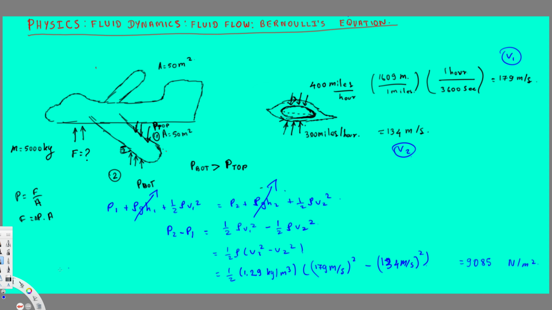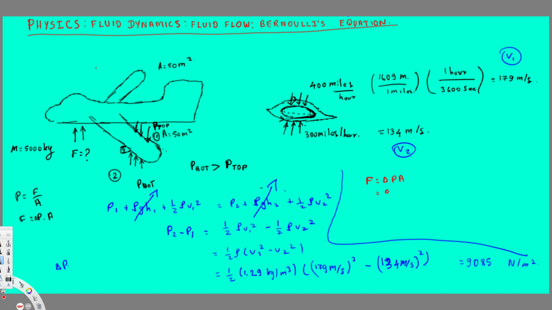So that's delta P, right? That delta P is P2 minus P1. So we have calculated the delta P, and we can now calculate the force. So F is equal to delta P times area.